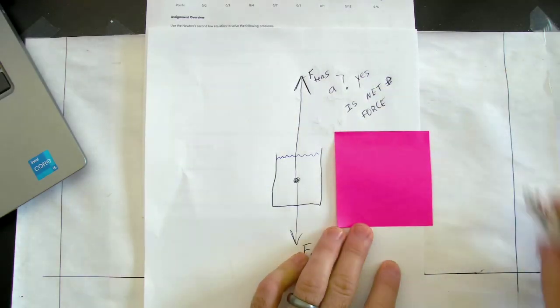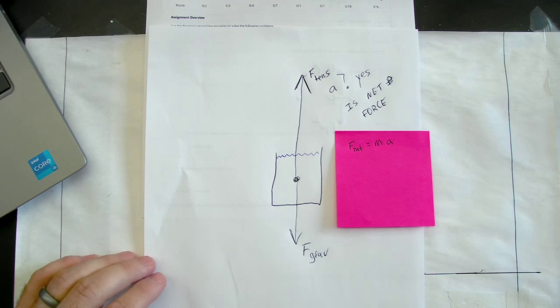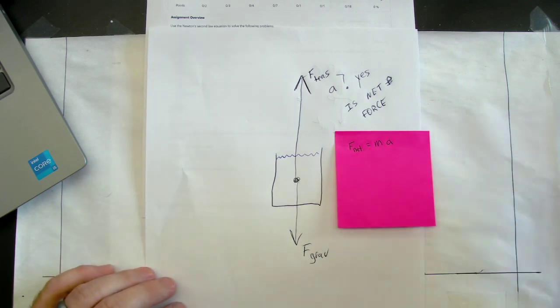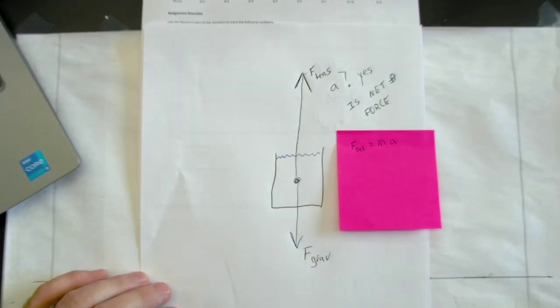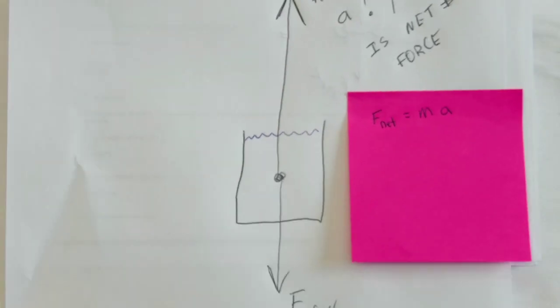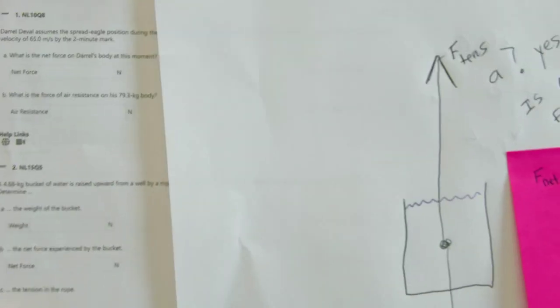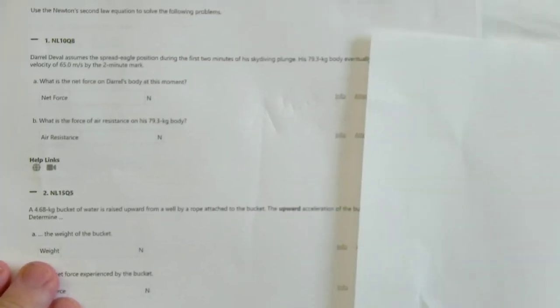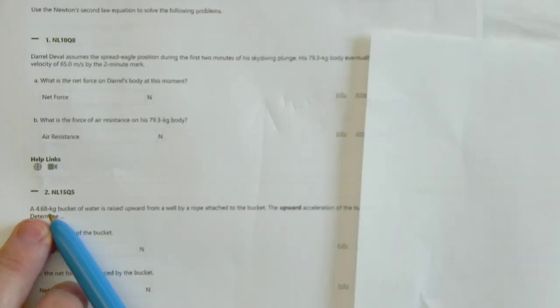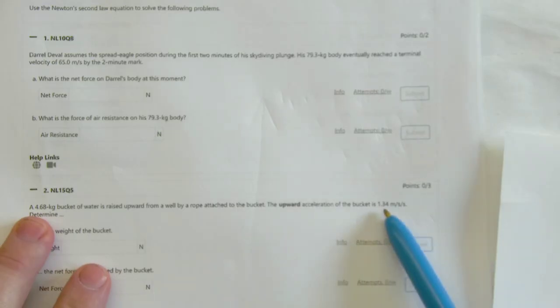What we would do for that is we start out with our equation, force net equals mass times acceleration. And we could jump over here to our original question, and it's going to tell us both our mass and our acceleration.